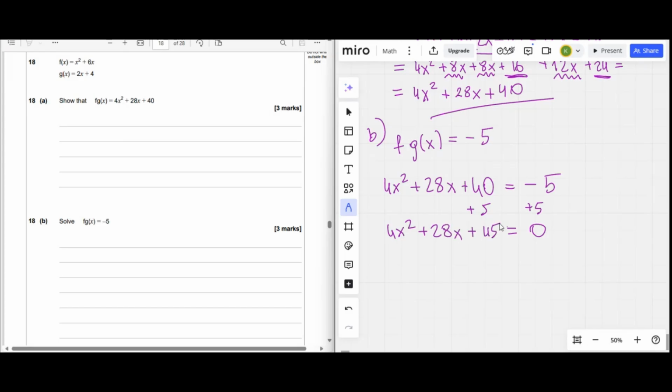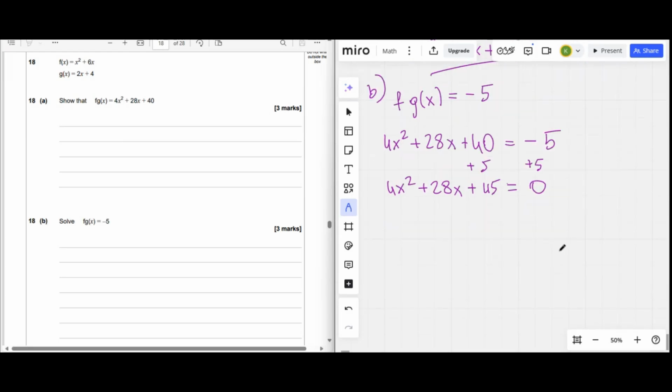So 45, right? I am adding just 5, which is a number. It has no x's in it. So I am adding that to just a number. 40 and 5 is 45. On the right-hand side, we have 0. And we do that because it allows us to use the quadratic formula to find x's.